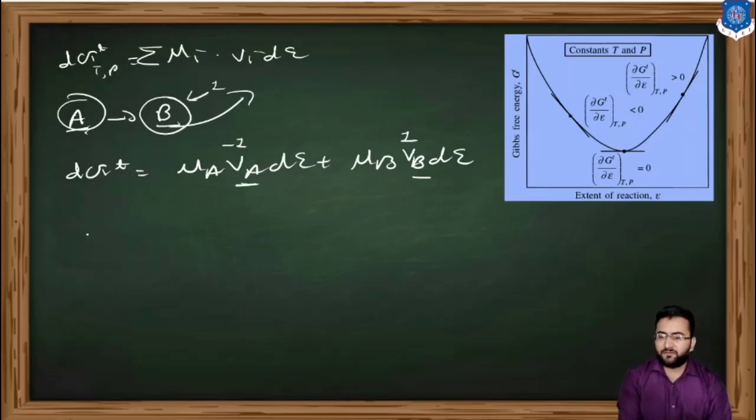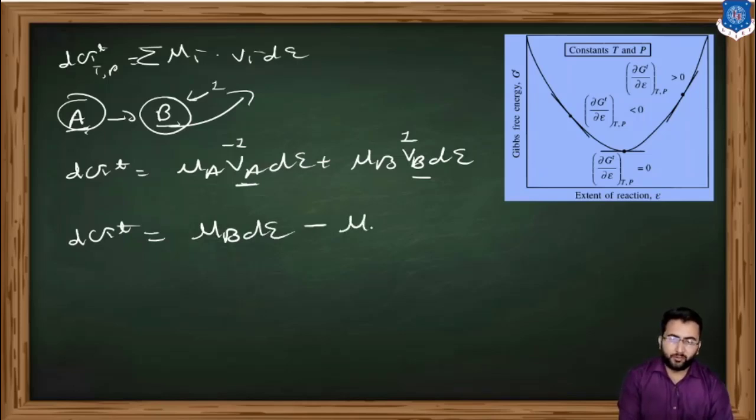Now putting in the values of the stoichiometric numbers, we get dGt equal to mu B d epsilon minus mu A d epsilon. Putting the value of minus 1, it becomes minus mu A d epsilon, and putting the value of vB, it becomes mu B d epsilon.